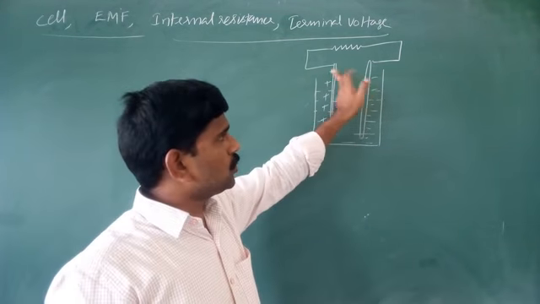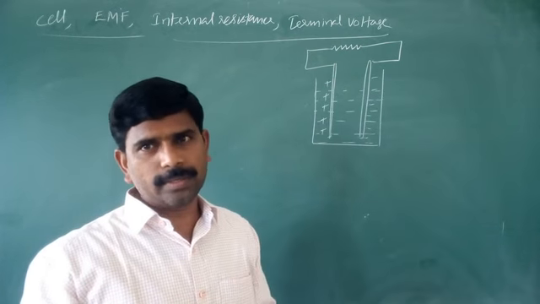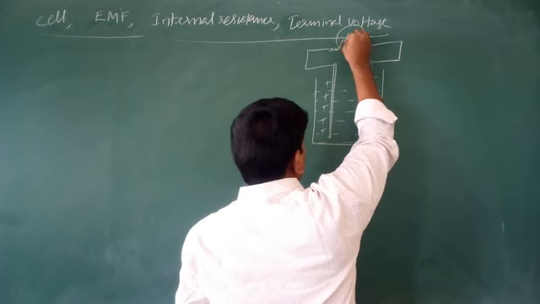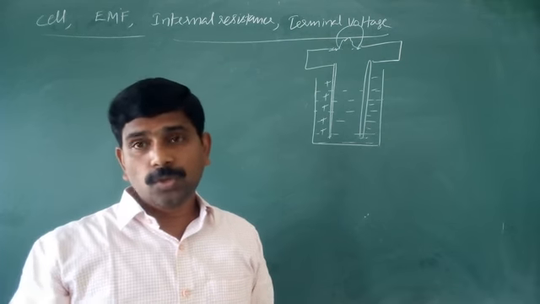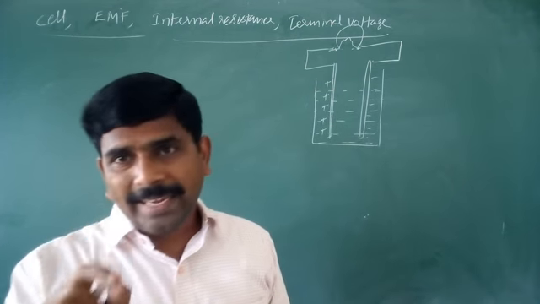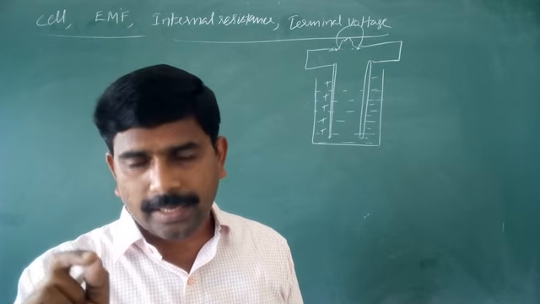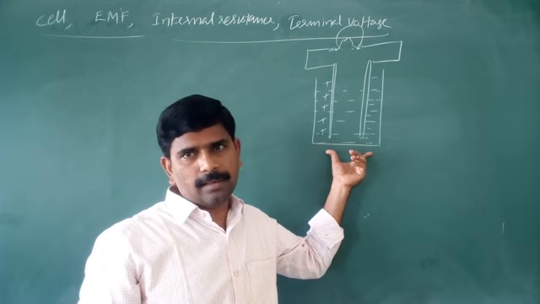When those two electrodes are connected to the external load, here I am taking a bulb, then current passes through it. So to maintain the constant potential difference across the ends of the conductor, we must require the cell.